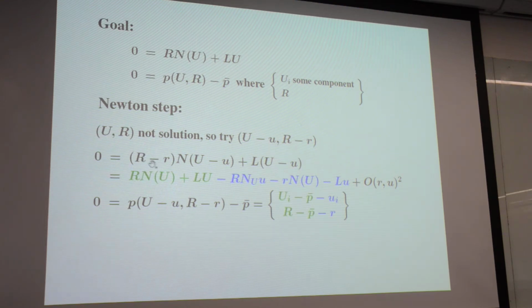We have R times N of U, and we have L capital U, those are all zeroth order terms. Then we have capital R times the linearization of N about U on little u. Then we have little r times N of big U. These are linear terms because they involve one power of the little guys.